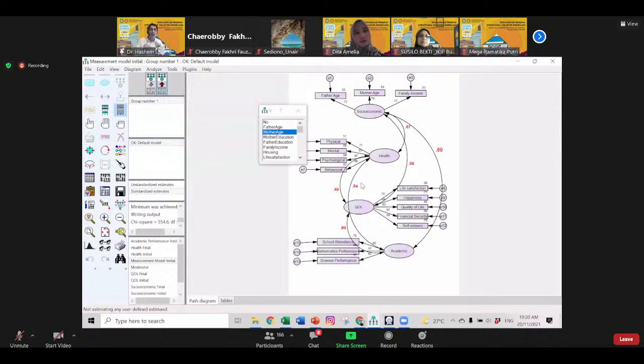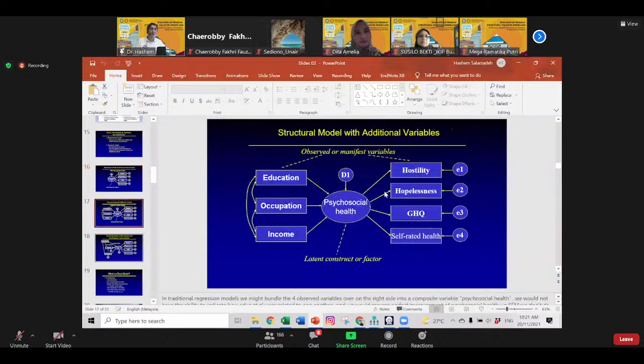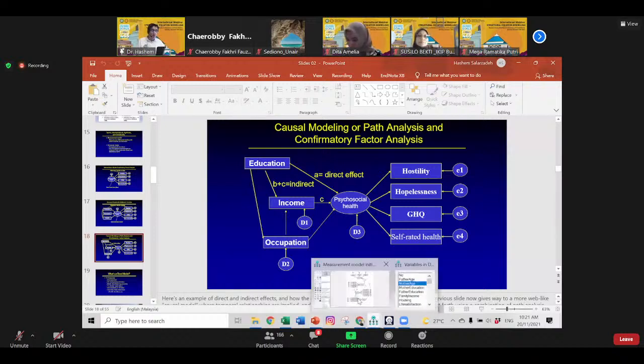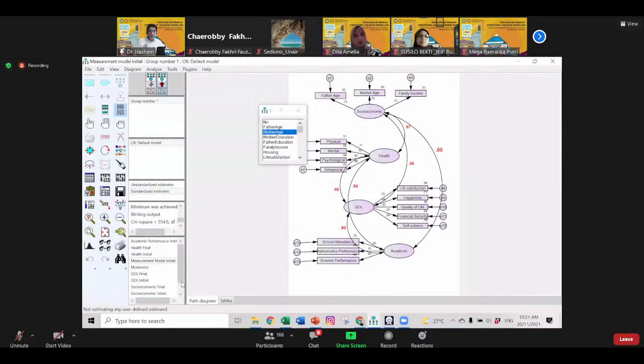Now we go for the last part, which is called the structural model. Do you remember we were talking about the structural model and path analysis, which adds some other variables, maybe a dependent variable, mediator, or something like that, right? So what we can do here, let me move this window over, we design a structural model like this one.